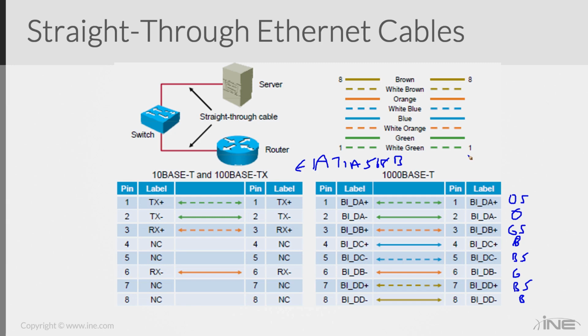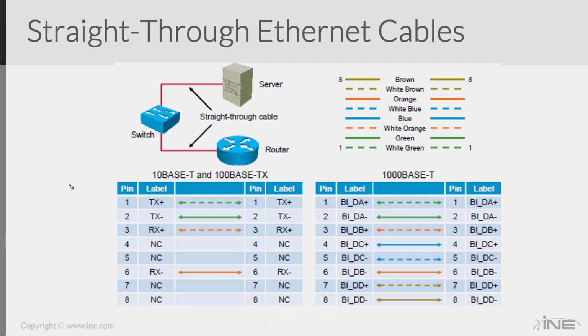And what that means is EIA/TIA is the standard, 568 is the specification. So the way this works out for you and I is this is how I would go about cabling something out. That's actually how I've always done my cabling, and I've never had a problem with it. It always comes up as 100 megabits per second or gigabit or what have you. In my experience, it works just the same.